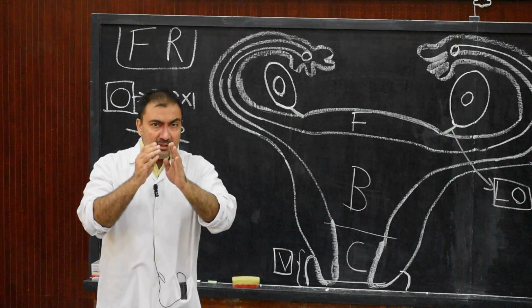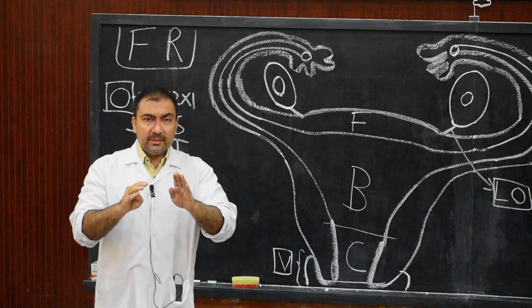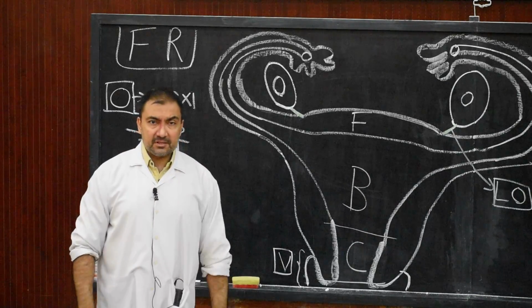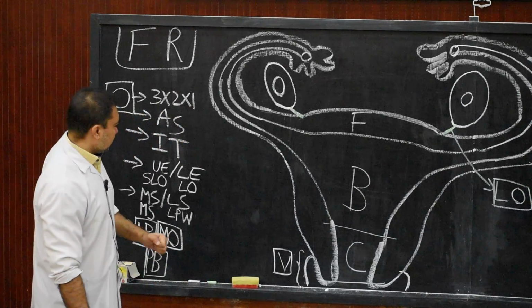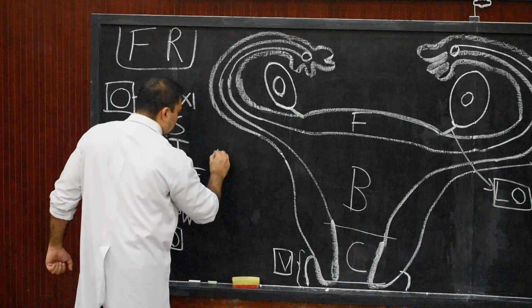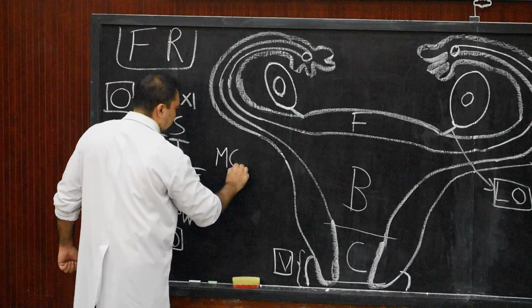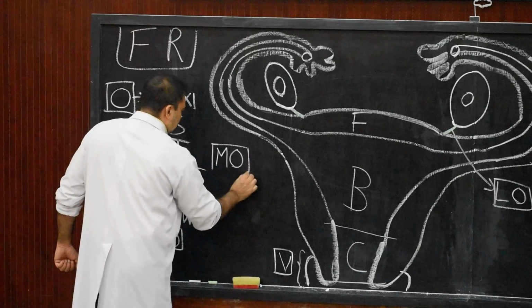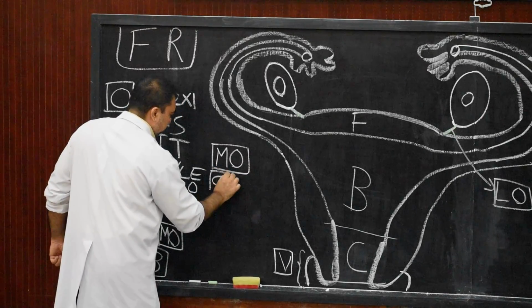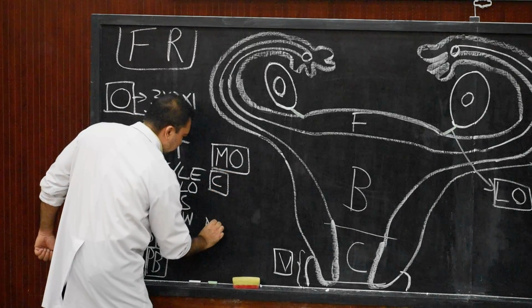Now we come to a few important points about the microscopic structure of the ovary. If I write it down in a flow chart, the microscopic structure of the ovary consists of cortex and medulla.